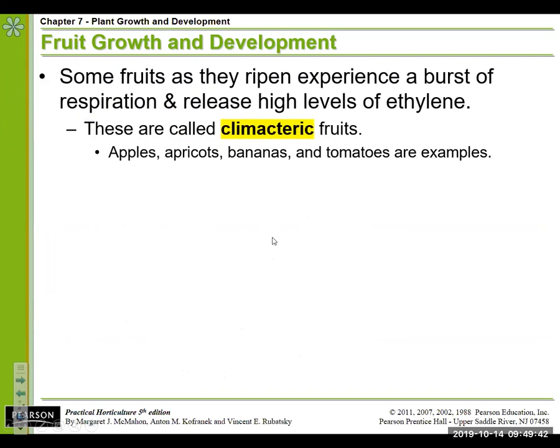One thing that we need to think about and look at is how some fruits will ripen on the tree. Some of them will continue to ripen off of the plant rather than just on the plant. And these are called climacteric fruits. And generally what we do commercially in the cases of these climacteric fruits is gas them with ethylene, a natural plant hormone that these fruits are naturally releasing.